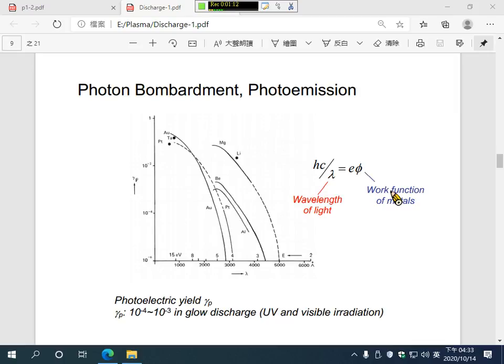And each hydrogen atom has just one electron.